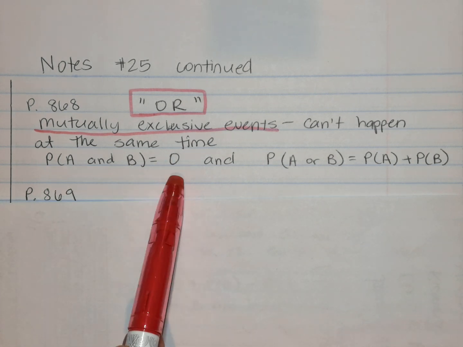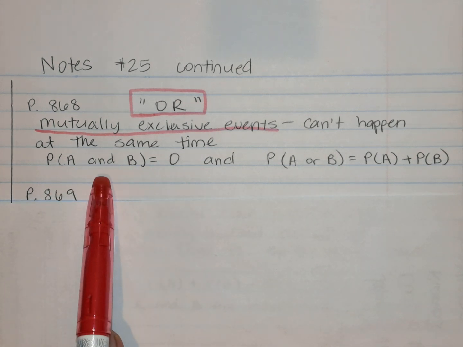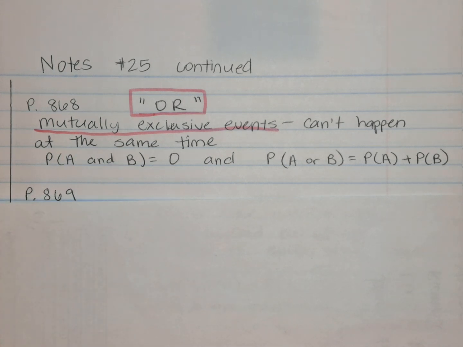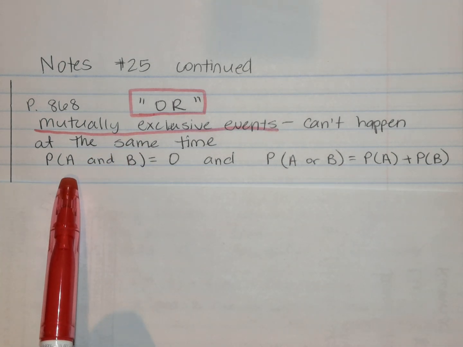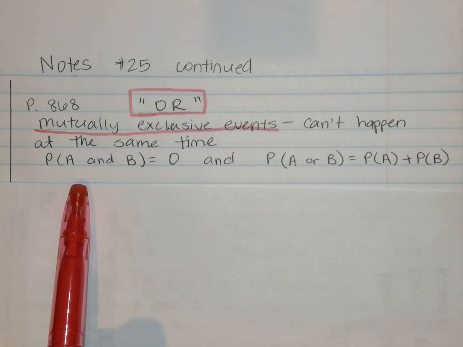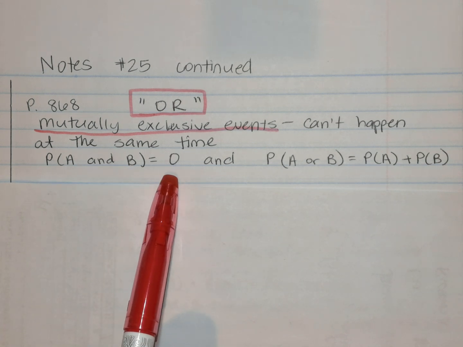It can't happen. So it's 0. Probability of A and B would be 0. They can never happen at the same time. Or like drawing a tile out of a bag with letters on them. I could say, what's the probability of it being the letter A and a consonant? No, A is a vowel, so it's not a consonant. So that would be impossible, not happening.